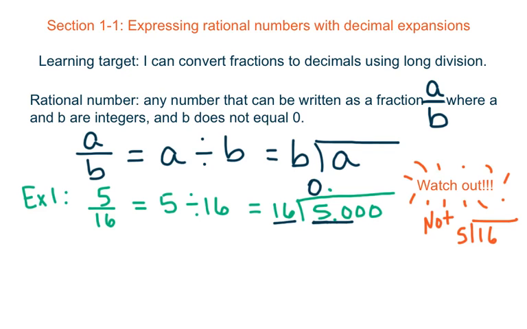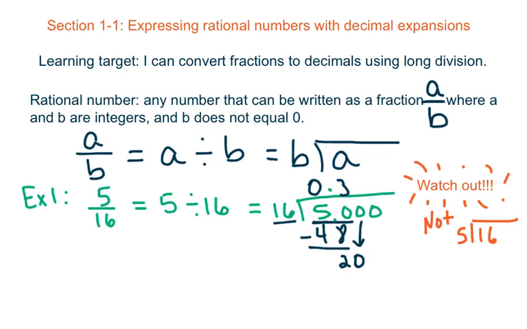So 16 times 3 is 48, and 16 times 4 is 64. So we know it has to go in 3 times, so we put the 3 up here. 3 times 16 is 48, and then we subtract. 50 minus 48 is 2, and we drop down the 0.